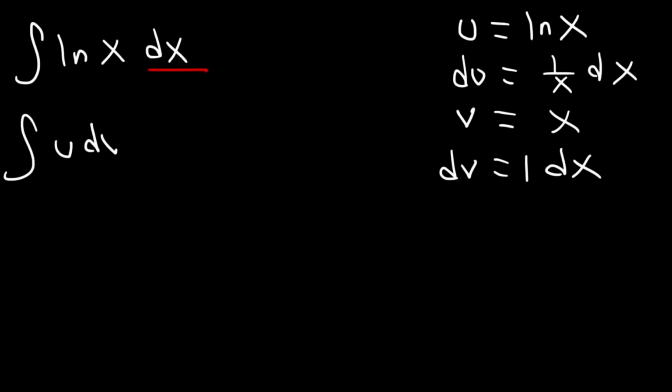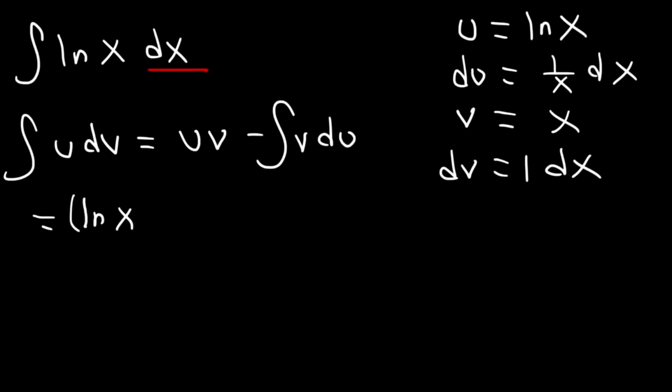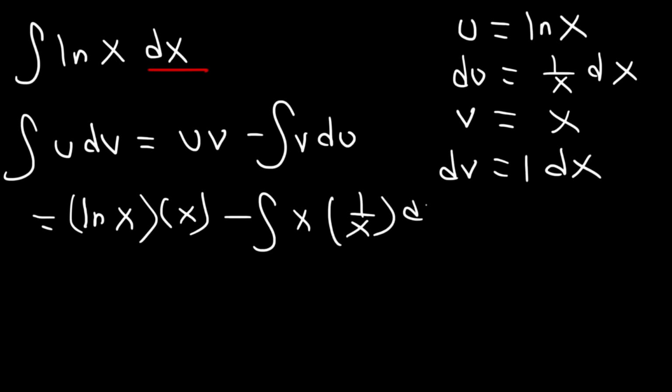So now let's start with the formula. It's going to be u times v. U is ln x, and v is x, minus the integral of v, and then du is 1 over x dx.